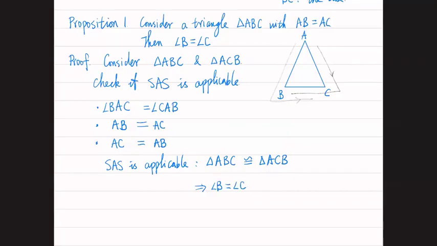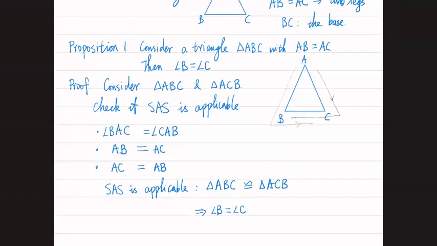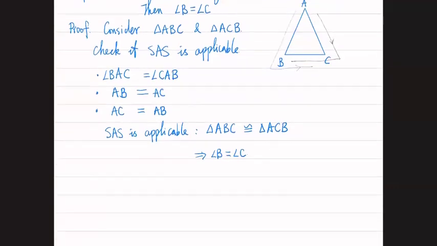Okay. So an application of the side-angle-side theorem tells us that if two sides have the same length, then two angles must be the same measure.